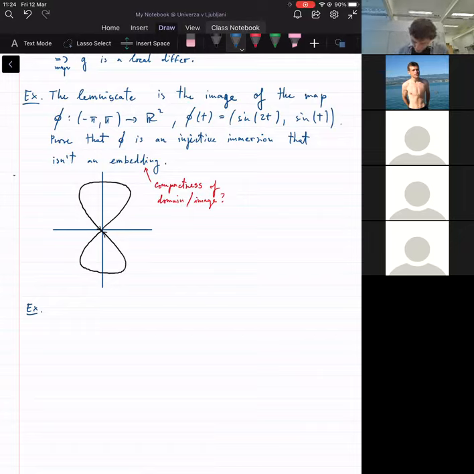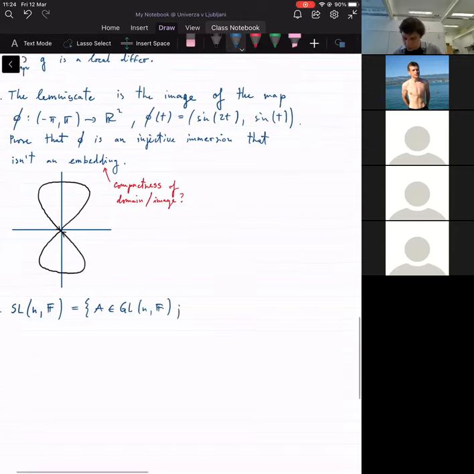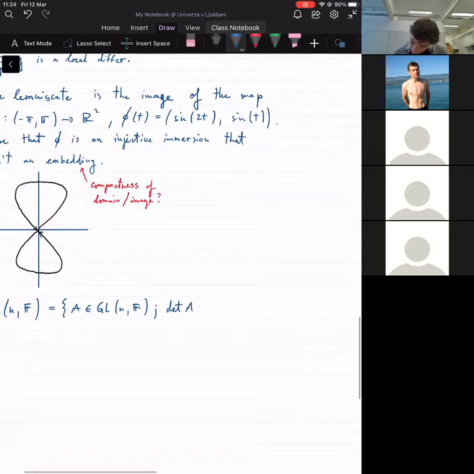All right, let's start discussing some important Lie groups. We've already met the Lie group GL_n(F). Now we're going to meet the special linear group of n times n matrices. These are all matrices in GL_n(F) such that the determinant of any matrix inside it is equal to 1.